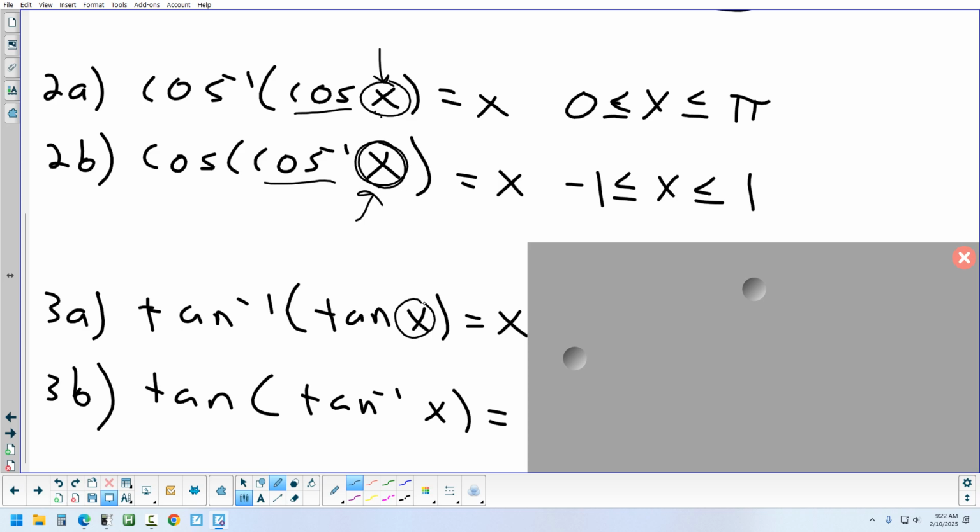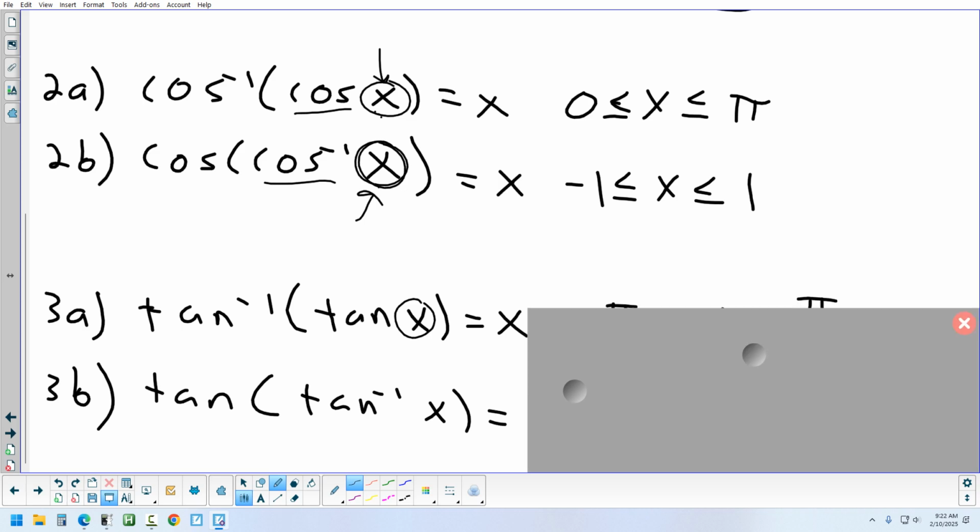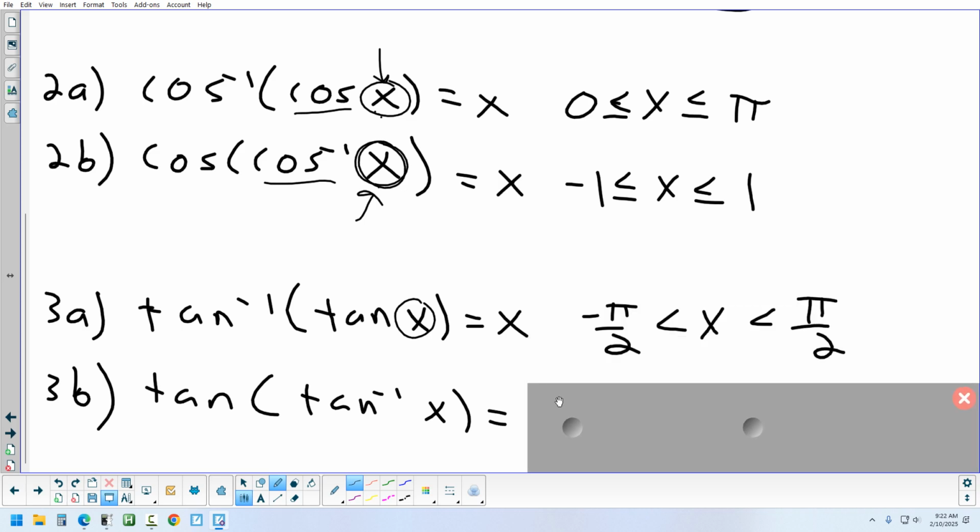X would have to be between negative pi over 2 and pi over 2. Can you clarify what you mean by between? X has to be greater than negative pi over 2 but less than pi over 2. Yes, exactly. You cannot include the endpoints. If you try to plug in pi over 2 here, you'll get an error. You can't do that because it's on an asymptote. So we have to be strictly between, not including the endpoints.